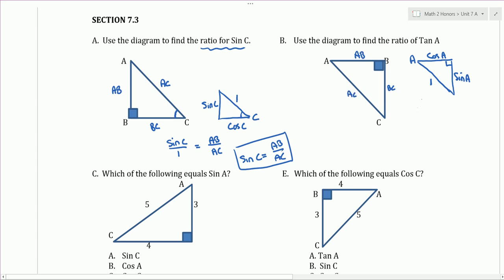So we know tangent is sine over cosine, so I'm going to write sine A over cosine A from the smaller triangle, and find corresponding sides over on the left side, that's BC over AB. And then finish this off. Well, sine A over cosine A, that's tangent A, is equal to BC over AB. And we now have our ratio for tangent A.